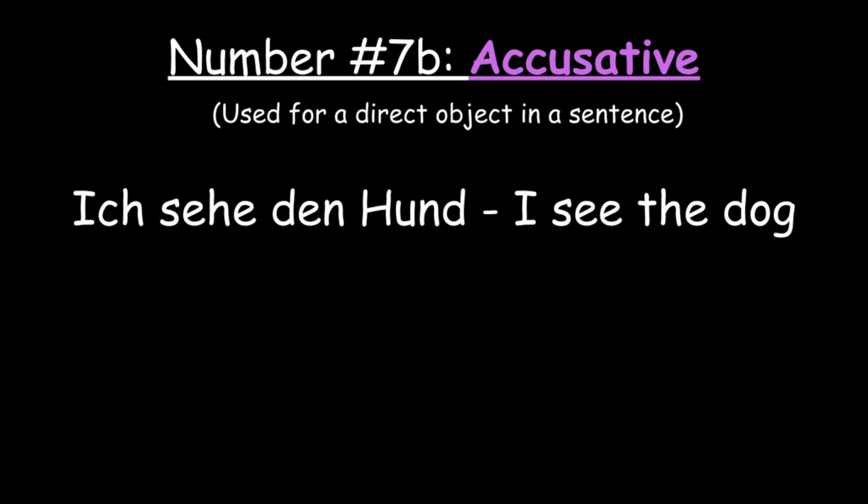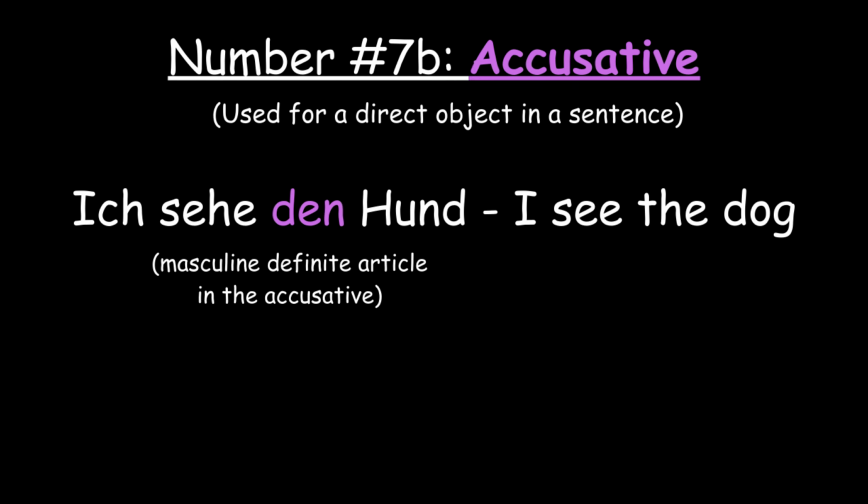An example is Ich sehe den Hund. I see the dog. We have the masculine definite article the, which becomes den in the accusative because Hund is a direct object noun.